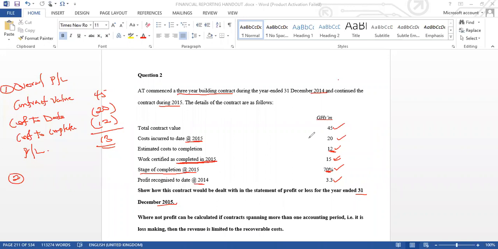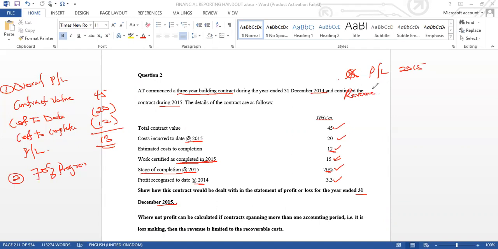So we don't need to really struggle. Then we need to move on to the P&L for the year 2015. We will need revenue.